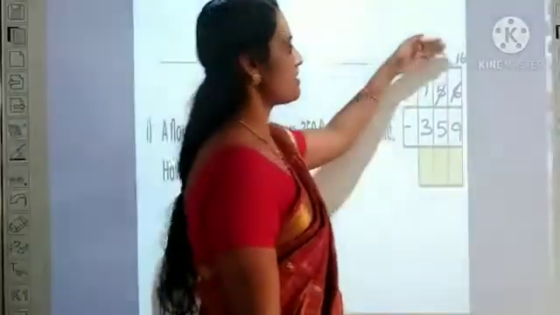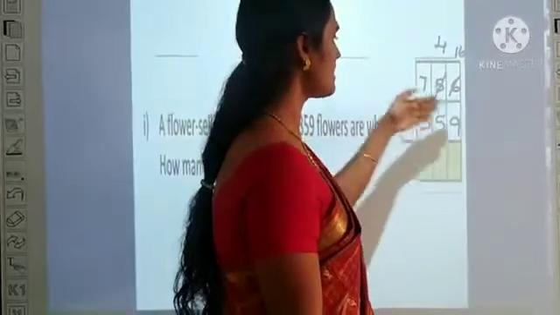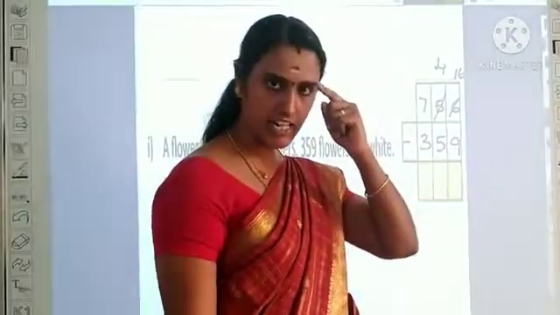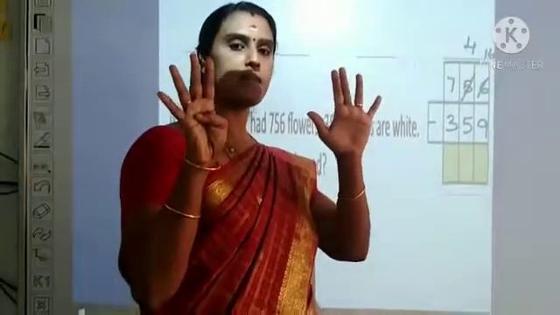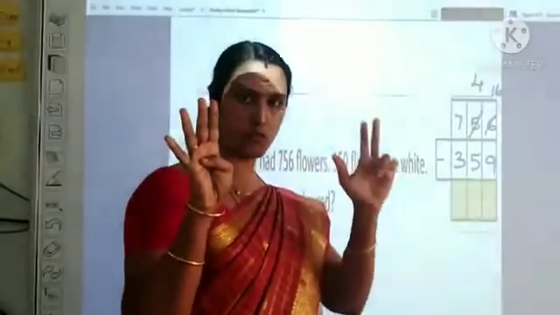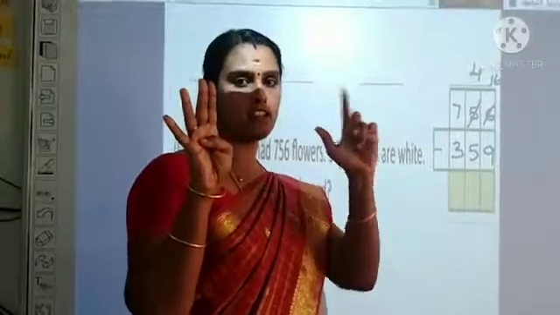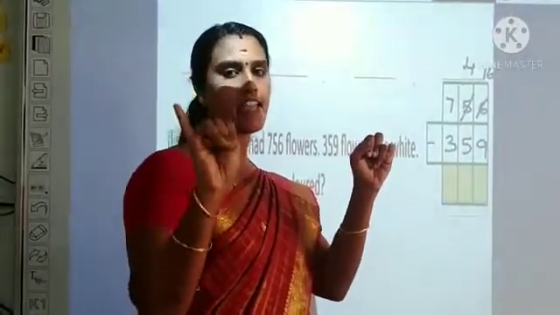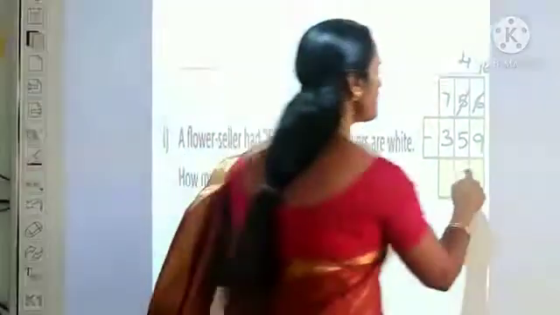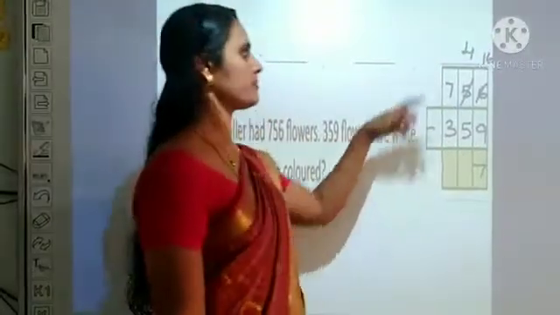Okay? So 16 minus 9. Keep 16 in your mind. Take 9 fingers. Count backward. 15, 14, 13, 12, 11, 10, 9, 8, 7. So the answer is 7 here.